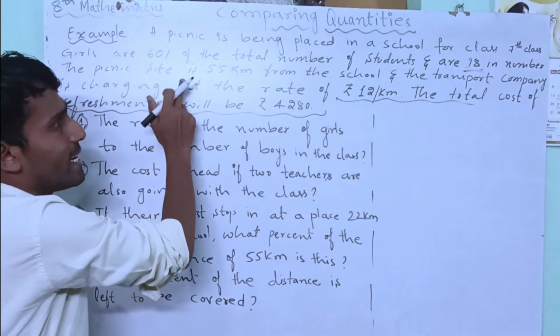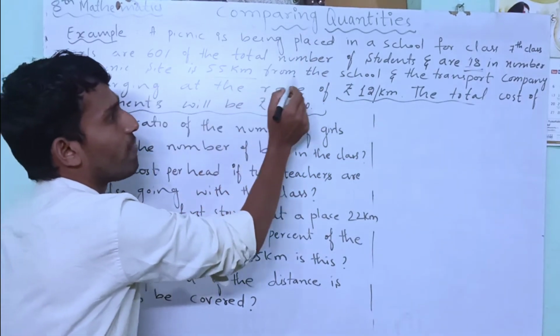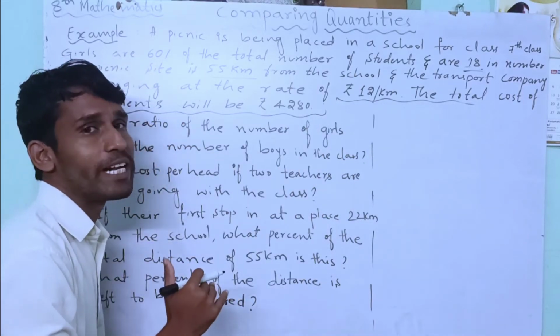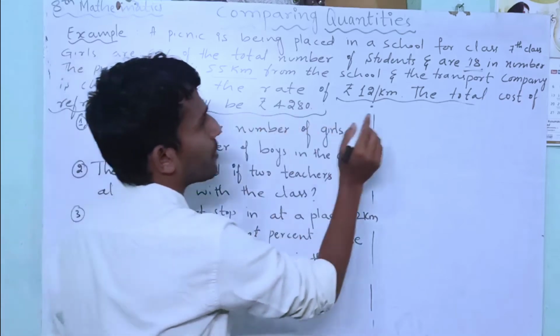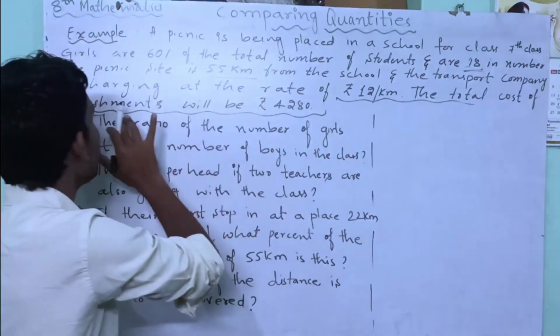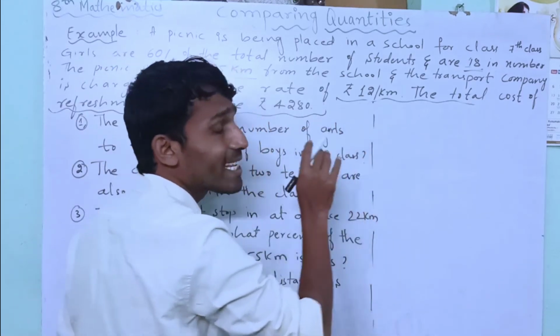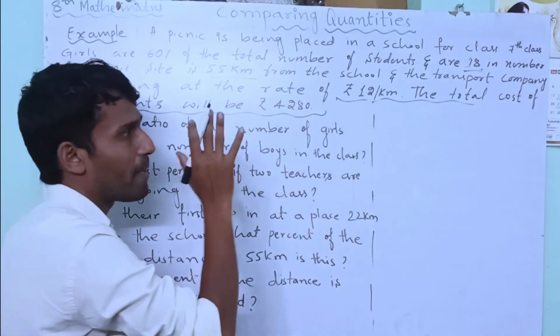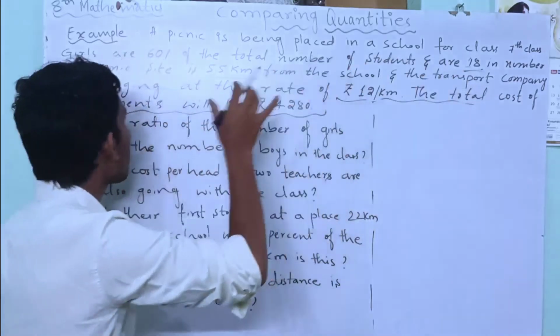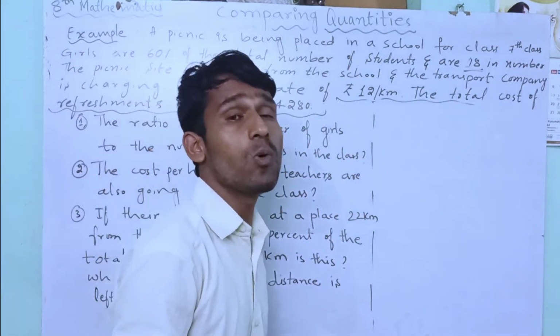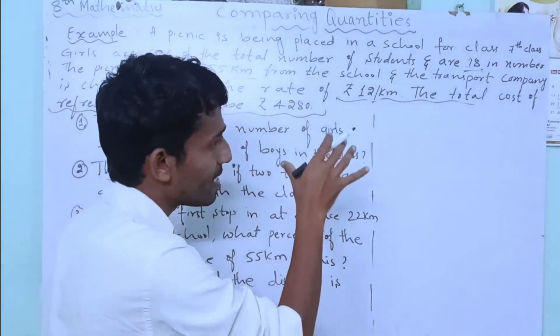The picnic site is 55 kilometers from the school. The transport company is charging at the rate of 12 rupees per kilometer. The total cost of refreshment will be 4,280. Okay, this is our question.